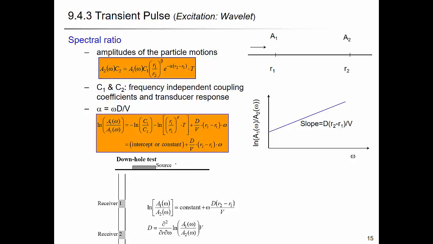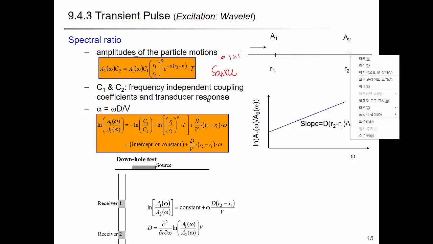Another example for the attenuation measurement is the spectral ratio method. The amplitude of the particle motion can be expressed with this equation, A2 = ω times C2, where C1, C2 are the frequency dependent coupling coefficients. Here, you have the source around here, and the wave transfers through point A1 and point A2.